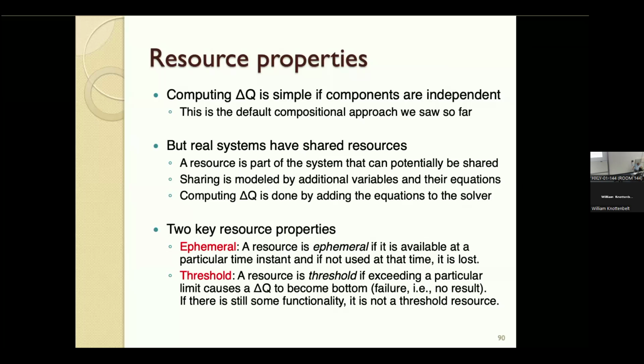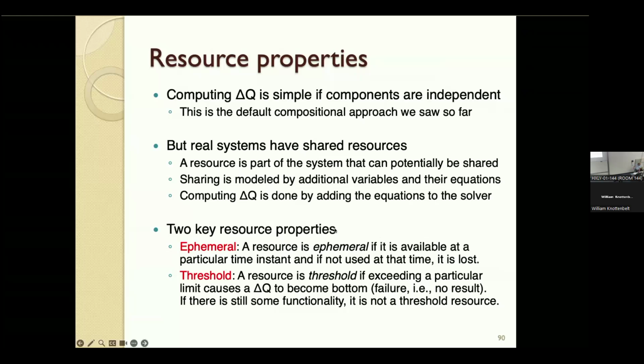It's no longer simple compositional computation of the delta Qs, but it actually requires a more general kind of solver. So it depends on the equations that you add. It could be a numeric solver or a symbolic solver. So that's the way to do that. So that is not a real showstopper, but it does mean that this tool requires more computation.